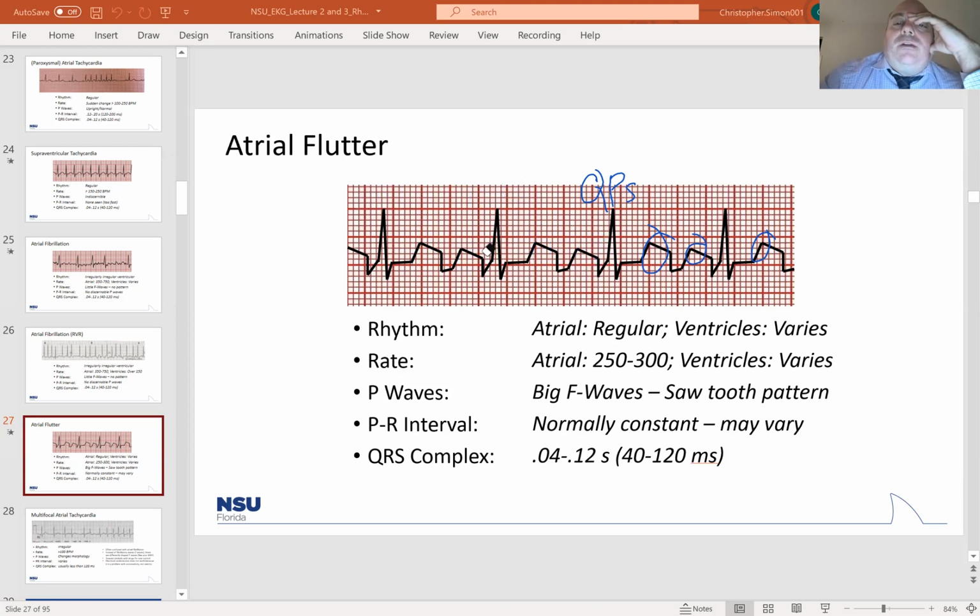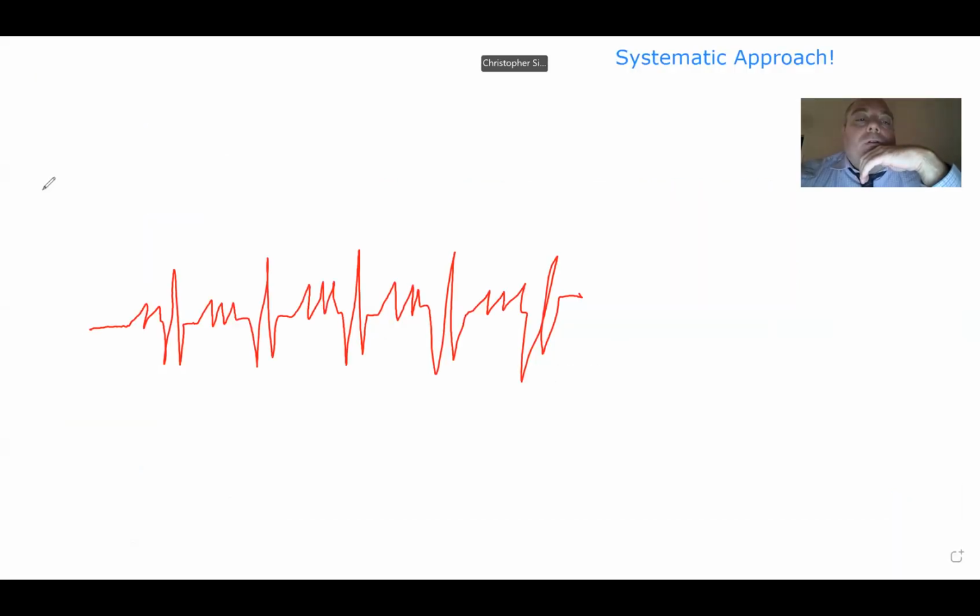That's important because we need to count how many flutter waves there are, because it tells us the ratio of what we've got going on. So let's go back and label everything. We're going to put Fs for flutter waves, okay? So we got one F, and we got a QRS.